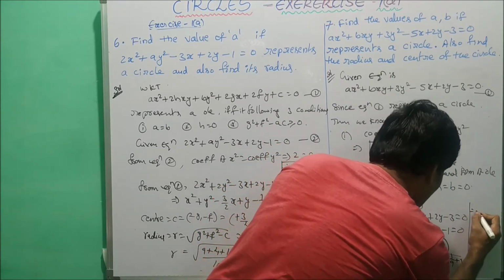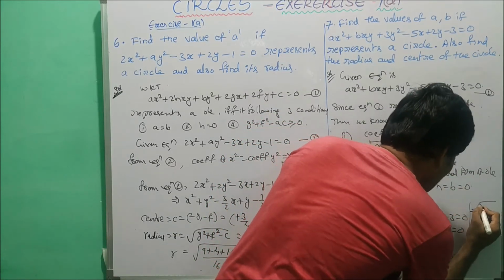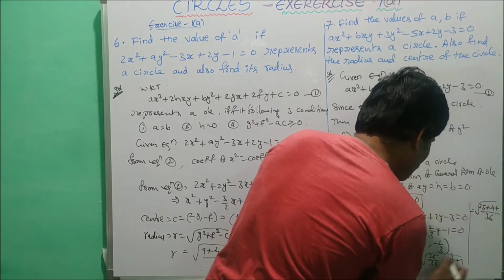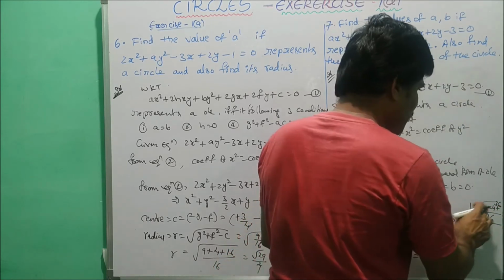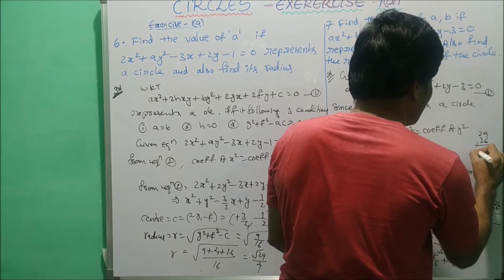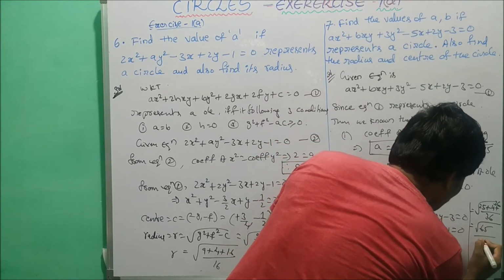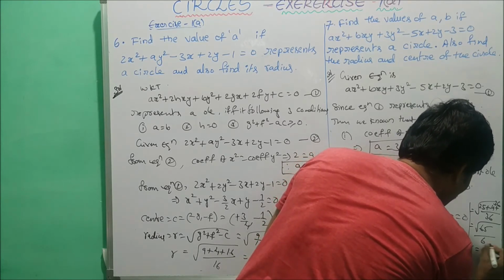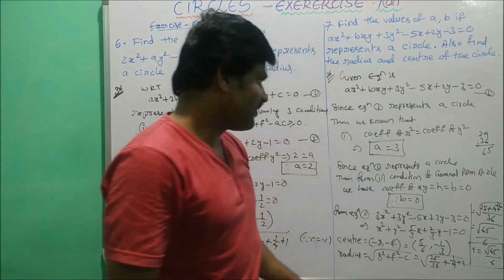Taking LCM 36: 25 + 4 + 36 gives 65, so the square root of 65 over the square root of 36, that is 6. So the radius r equals √65/6. This is the radius, and this is the center.